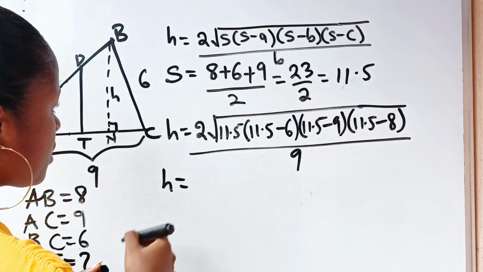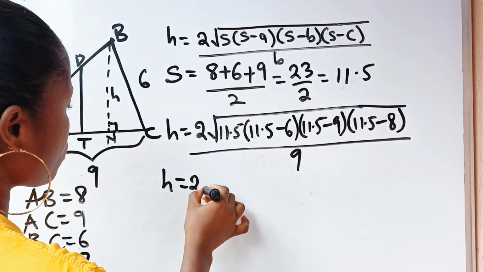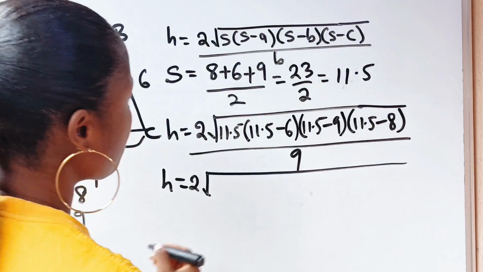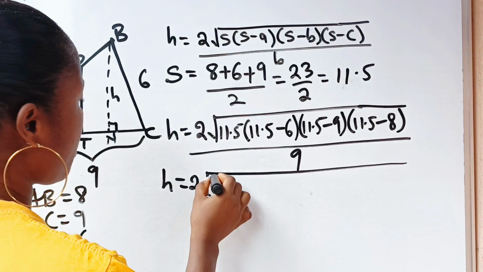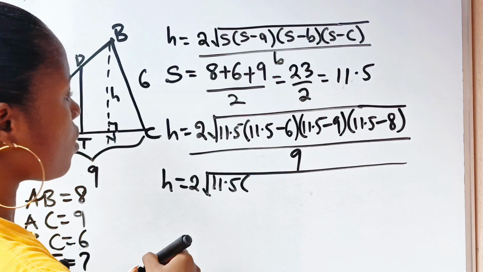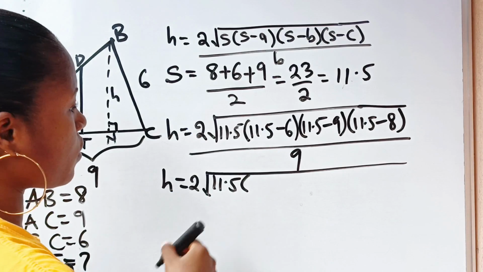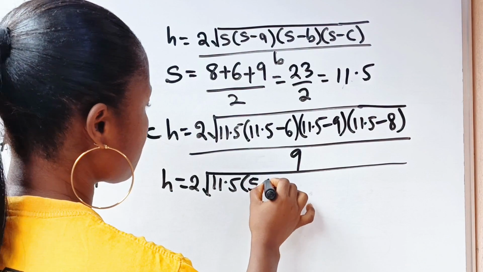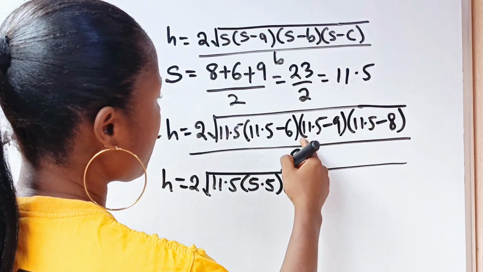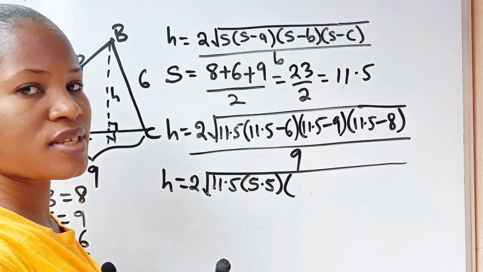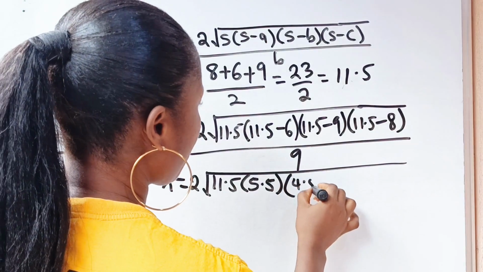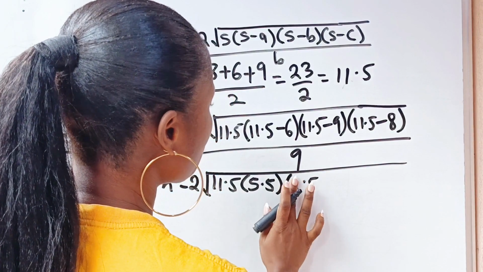So our h is equal to 2 square root of 11.5 multiplied by, now 11.5 minus 6 gives us 5.5. Then 11.5 minus 9 gives us 2.5.